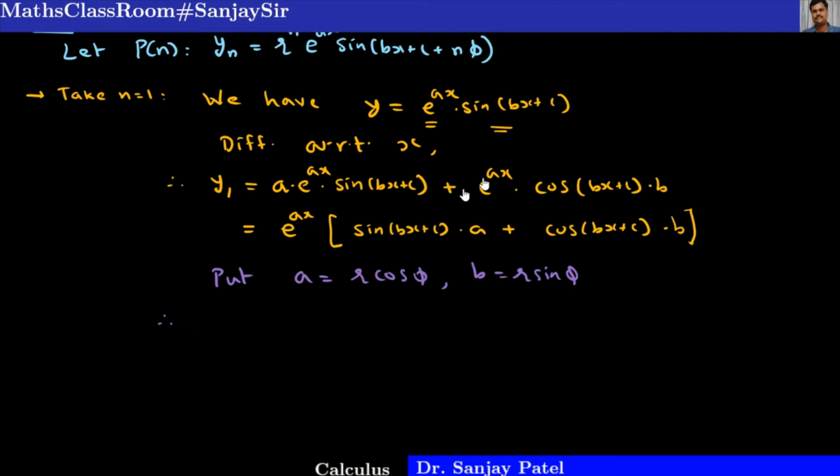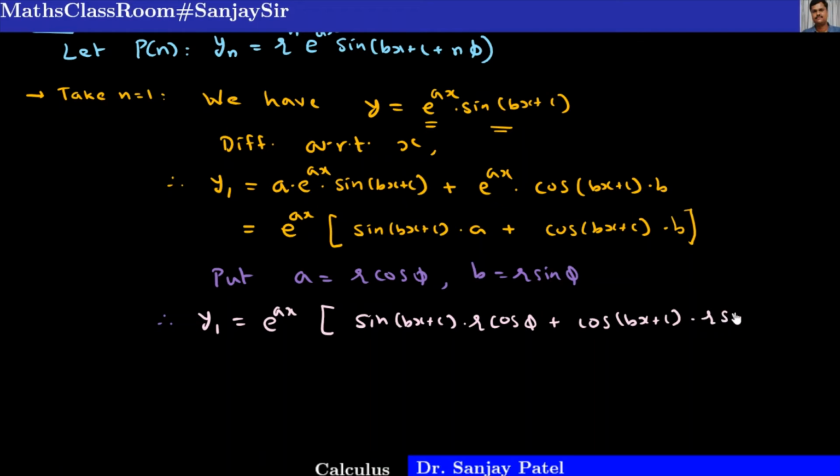So therefore we get y1 is equal to e raised to ax into sin bx plus c into r cos phi plus cos bx plus c into r sin phi. We are just putting the values of a and b here.